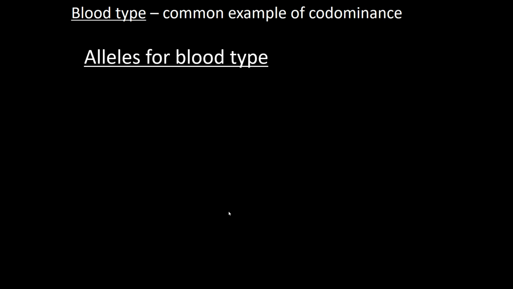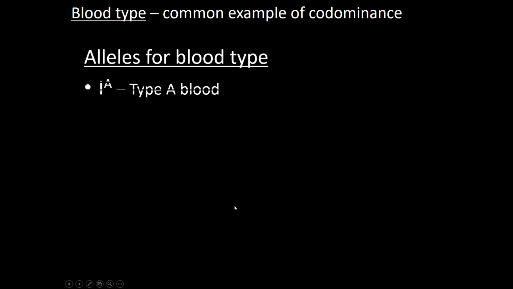We have to talk about the alleles, which are the big A's and the little a's we were talking about. This time our notation is a little bit different, but it's still the same kind of system. Instead of having two, a capital A and a lowercase a, we're going to have three.